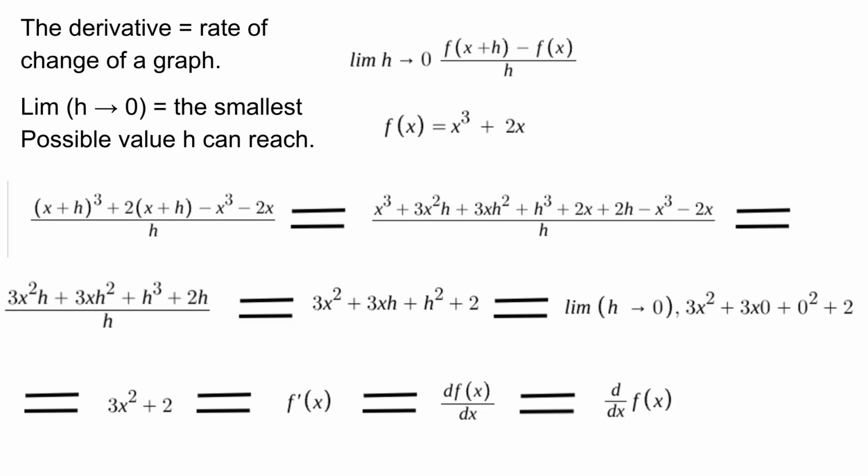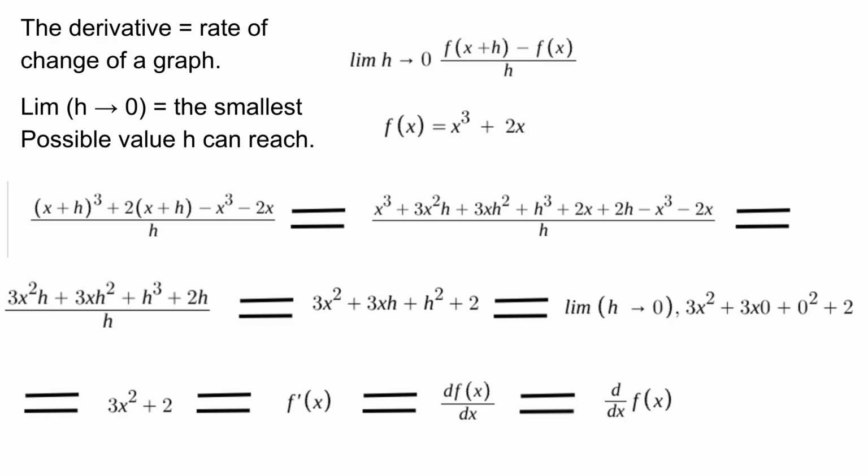If we have x plus h all to the power 3 plus 2 times brackets x plus h, take away x cubed, take away 2x all over h, we can expand it into x cubed plus 3x squared h plus 3xh squared plus h cubed plus 2x plus 2h, take away x cubed, take away 2x all over h.